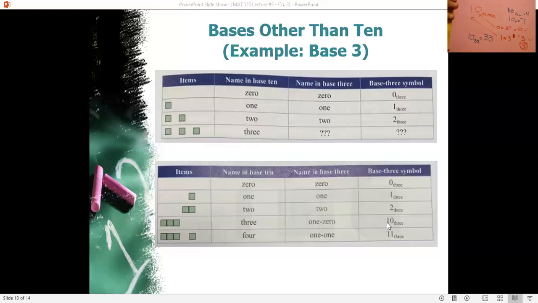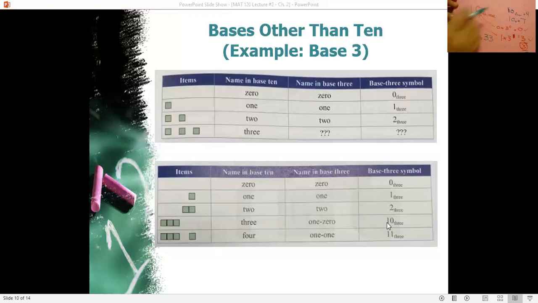All right? What we're trying to say is that there are no ones, and there's one example of the base to the power 1. And so 10 in base 3 is going to be representing the number 3. All right? And now the next number up is going to be 1, 1.